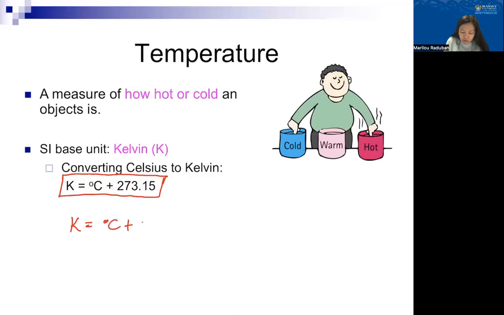Degrees Celsius plus 273, for example, unless we were specifically told to use the 0.15 as well. Okay, so let's look at some examples of how we convert the temperature from Celsius to Kelvin.